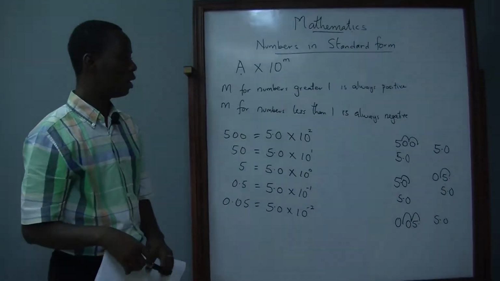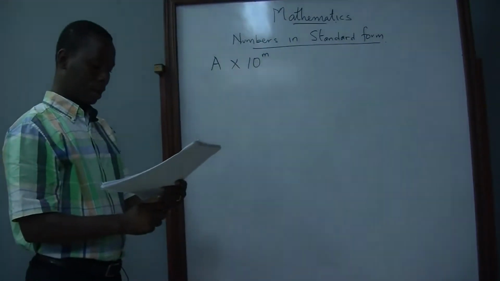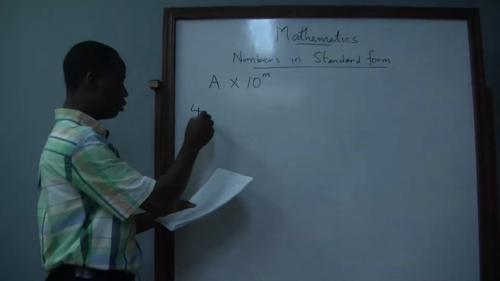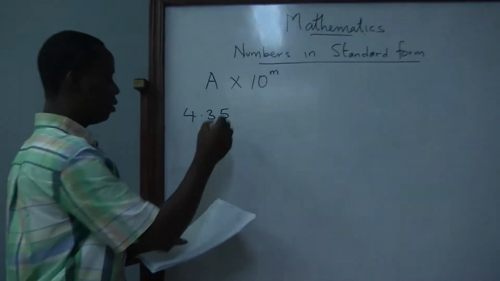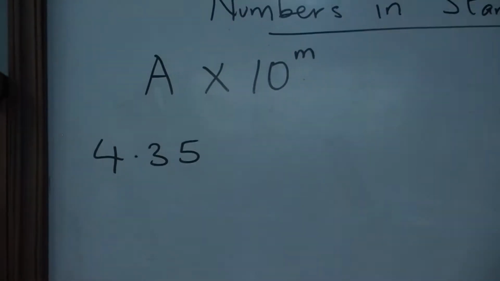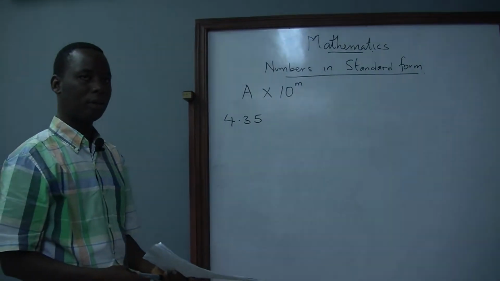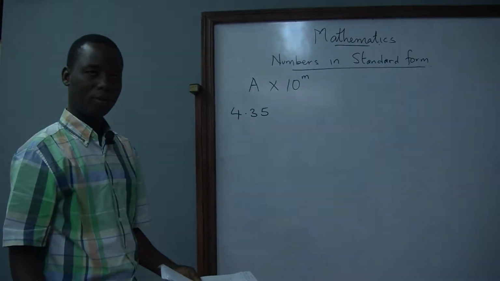Now let's look at some other examples. Let's look at 4.35. If we're given something like this and we're to write this in standard form, how do we approach it? The first thing we want to ask ourselves is, where is the decimal point?